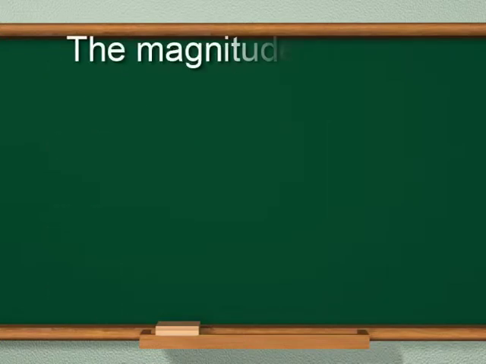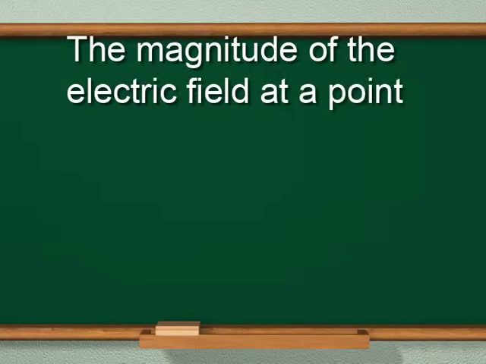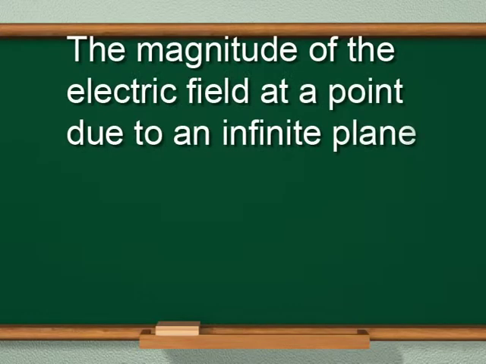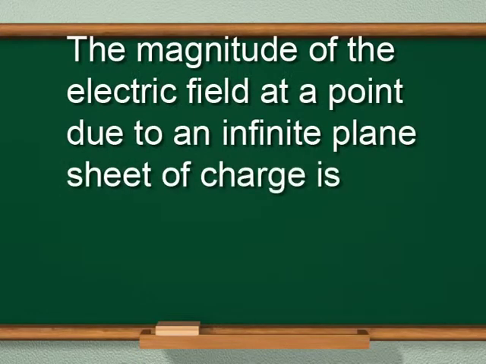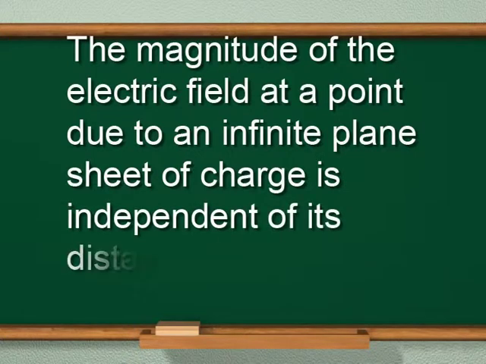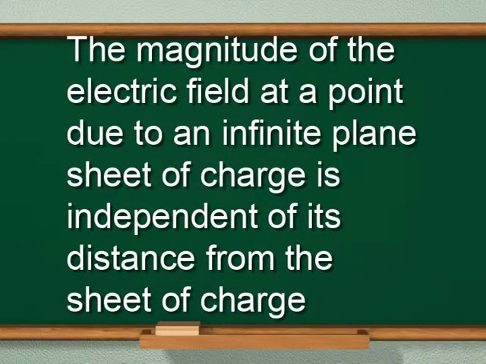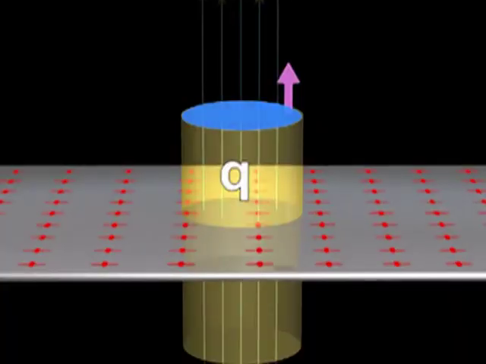Hence, the magnitude of the electric field at a point due to an infinite plane sheet of charge is independent of its distance from the sheet of charge. And now, we will be learning about the electric field of an infinite plane conductor having finite thickness.